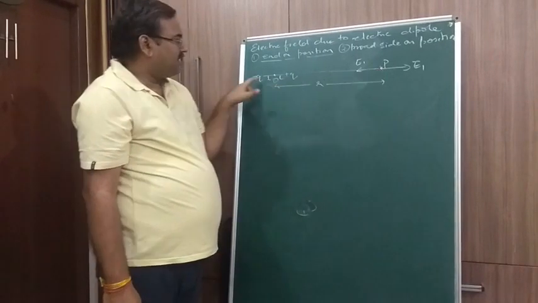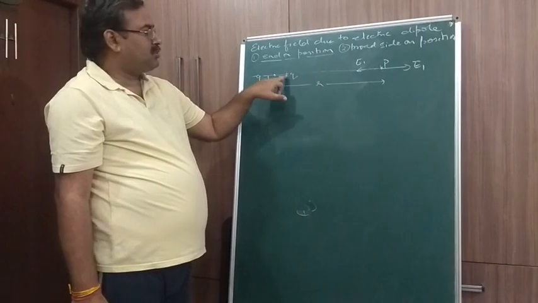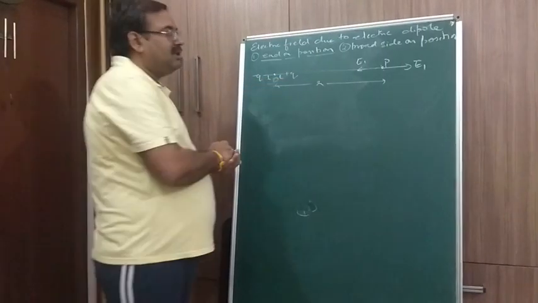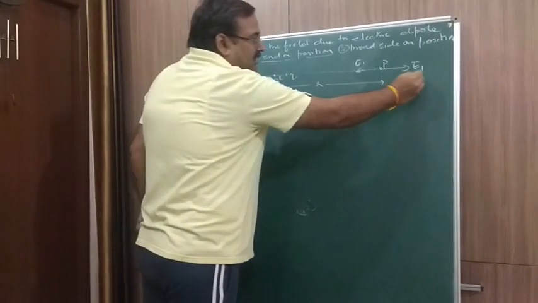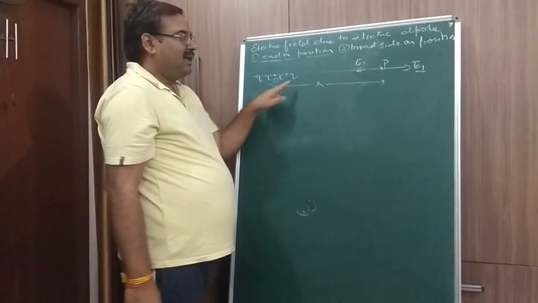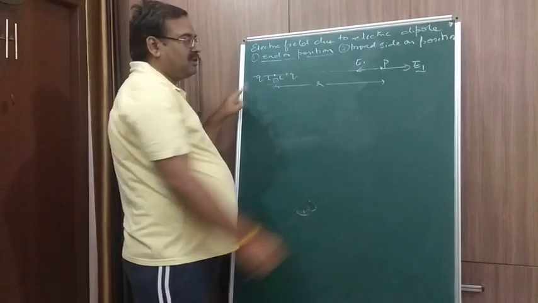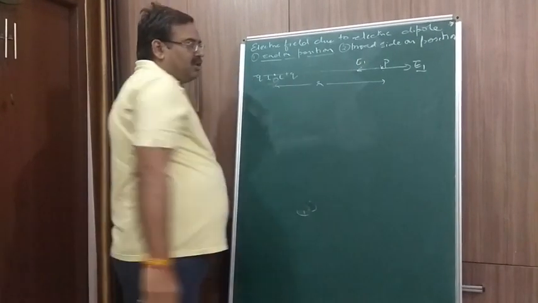Now, since electric dipole is made up of minus q and plus q charge, we know that plus q charge will exert a force in the outward direction. So this is the direction of electric field due to plus q charge, and minus q electric field will be towards the negative charge. So this will be in the opposite direction. Now what do we find?